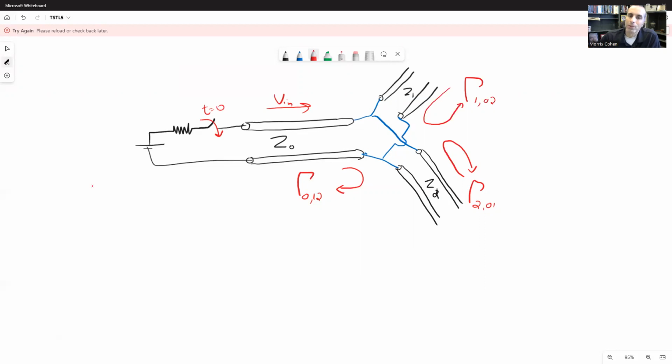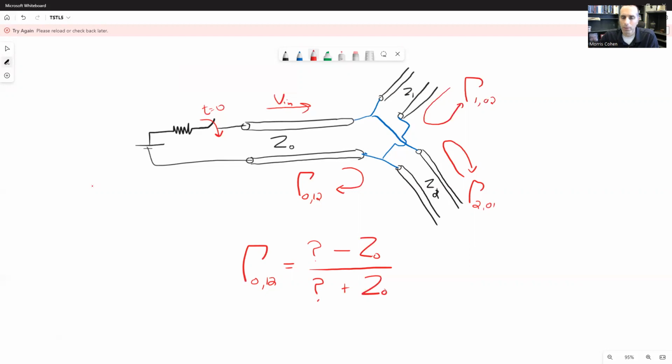What would you expect the reflection coefficient gamma 0,12 to be? So let's write that down. Gamma 0,12 will be equal to, I'm going to put a placeholder there for load resistance, minus Z0 divided by something to represent the loading plus Z0.